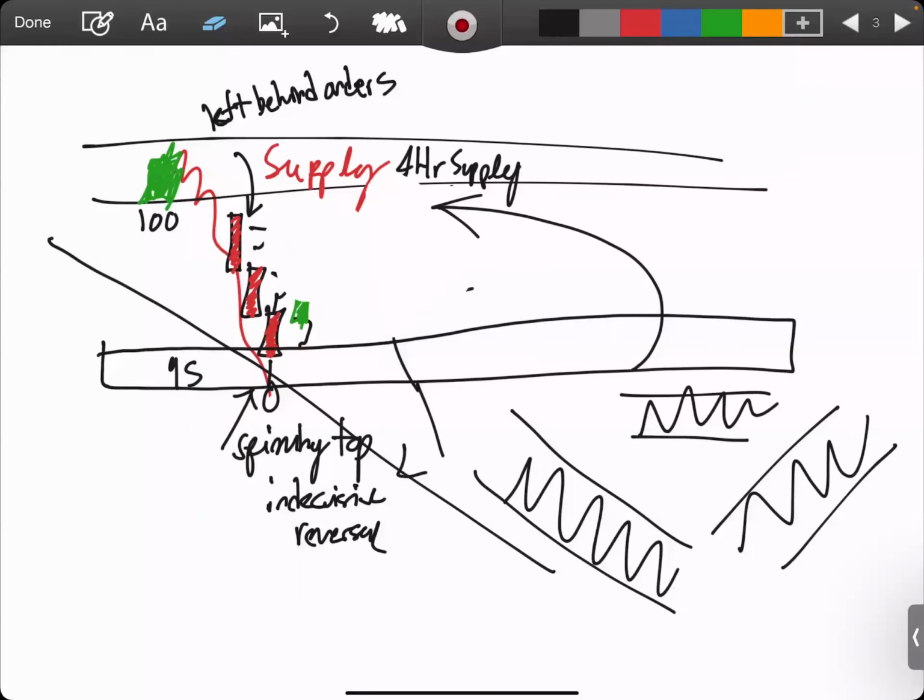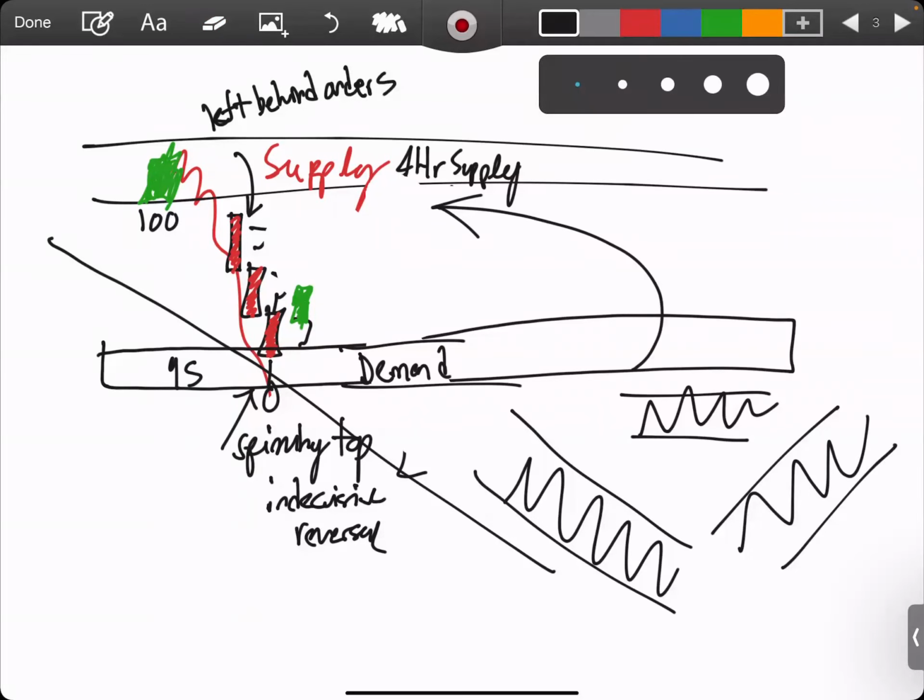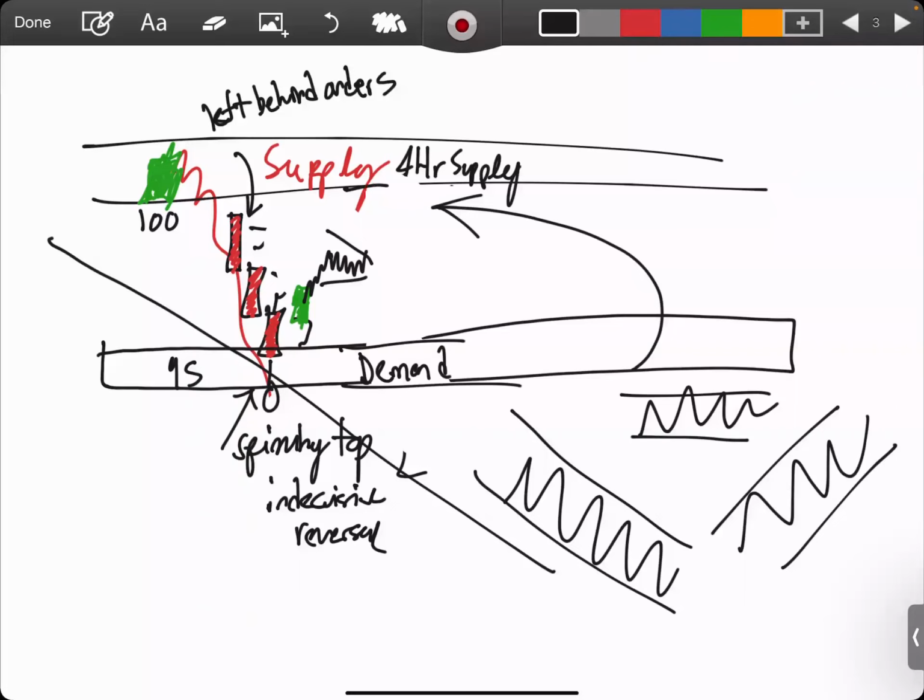I'm gonna erase this so it can be a little bit clearer on our eyes. Let's say we see a bullish candle here, right? Price is accumulating. We got a bullish pennant forming.